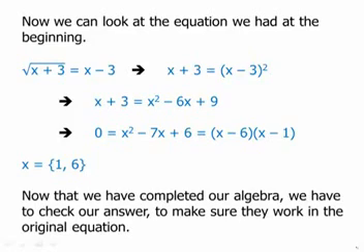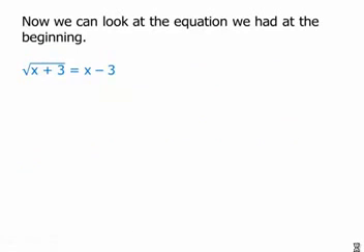So we have to check our answers. We have to check each answer we found to make sure they work. Because right now, just looking at them, 1 and 6, we don't know. Are those both true roots? Are they both extraneous roots? Do they work in the original equation? The only way we find out is by plugging them in. So here's the original equation. Here are the roots that we found from the algebra.